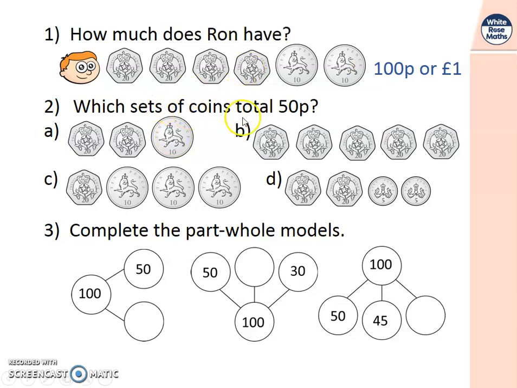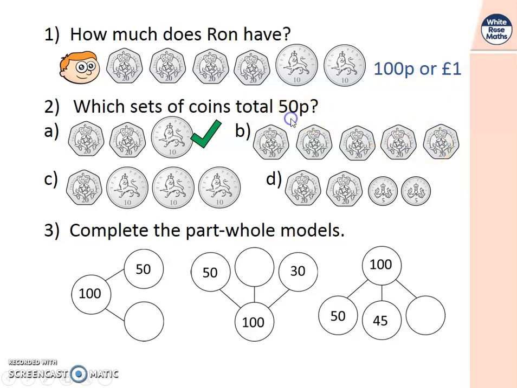Number 2, which sets of coins will make a total of 50 pence? Total means they add up to make 50 pence. Pause the video and see if you can work it out. Did you get it right? Let's see. On A, we've got 20 pence and 20 pence and 10 pence. That's 20, 40, 50 pence. On B, here, 20 and 20. So 20, 40, 60, 80, £1 or 100 pence.